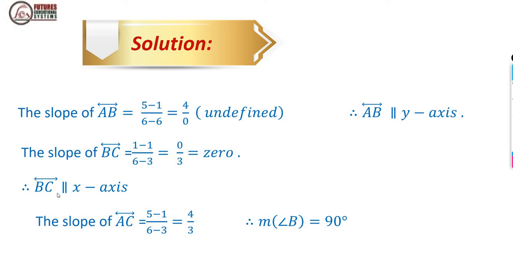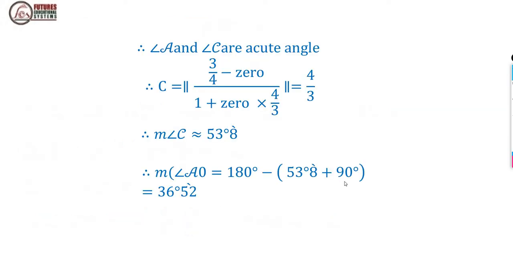AB is perpendicular to BC, therefore the measure of angle B equals 90 degrees. The measures of angles A and C are acute angles.